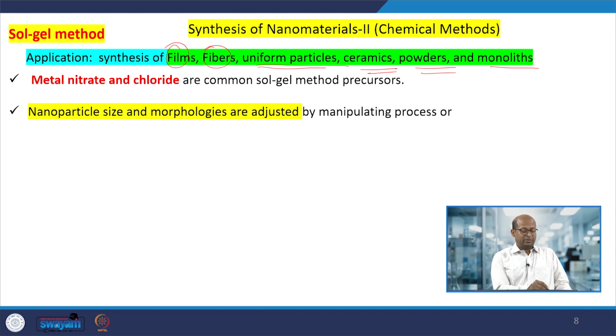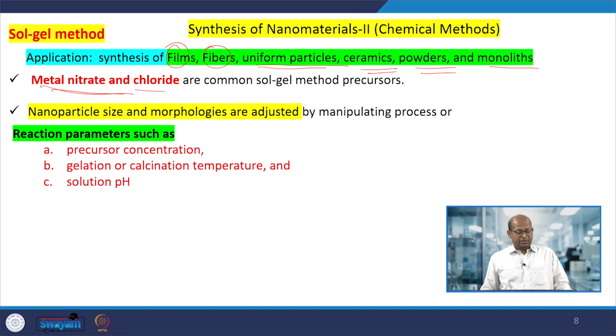As starting precursors we can use any metal chloride or metal nitrate, depending on our interest. The reaction parameters control the size of the nanomaterials. Number one is precursor concentration: from lower to higher concentrations we can change the gel formation.